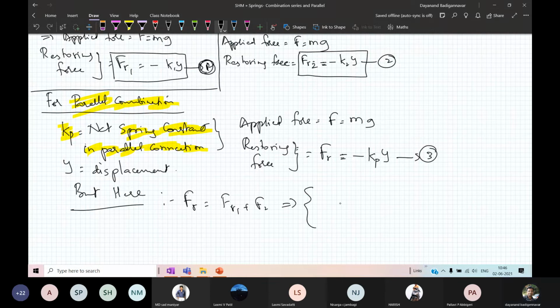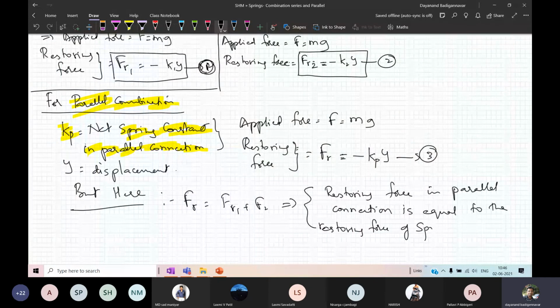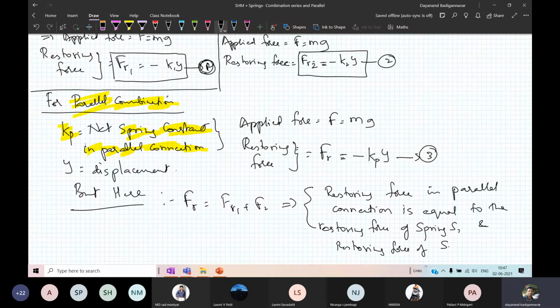That means the restoring force in parallel connection is equal to the restoring force of spring S1 and the restoring force of spring S2.